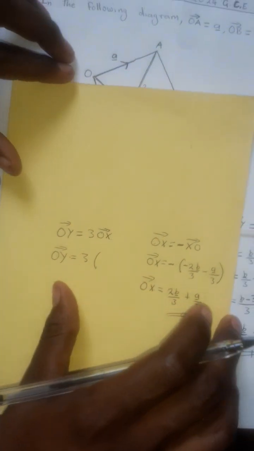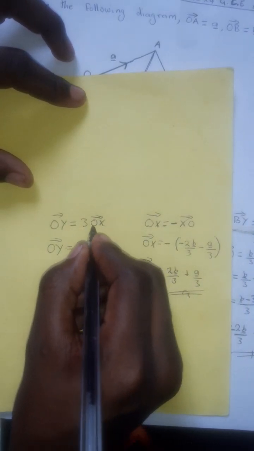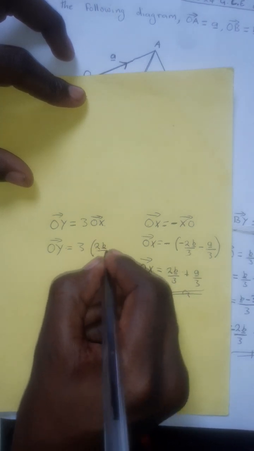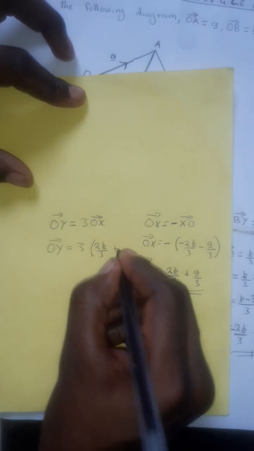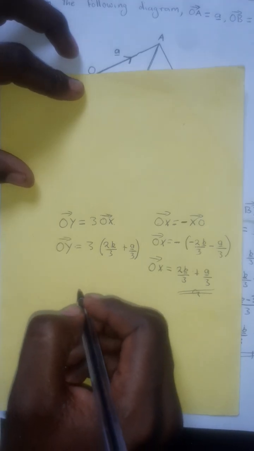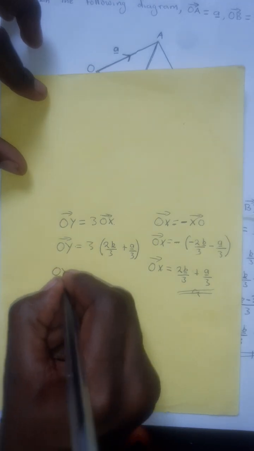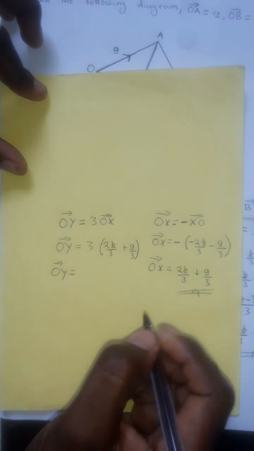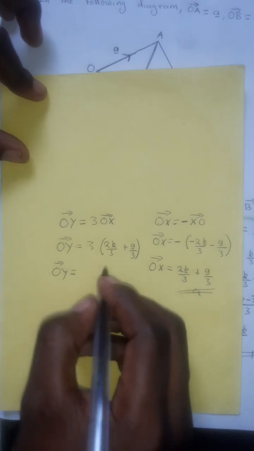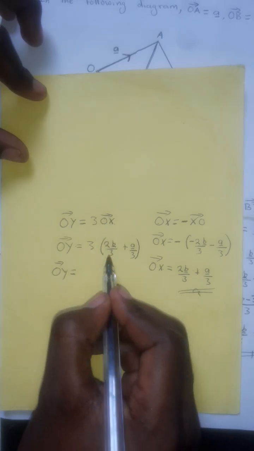Okay, so we come back to OY. Our interest is knowing OY. So we say 3, then what is OX? OX we've found here, which is 2 vector B over 3, then positive vector A over 3. Okay, we can now simplify. Take note, this is very interesting: this whole thing, OX, is divided by 3.